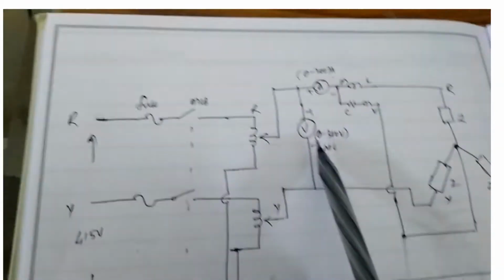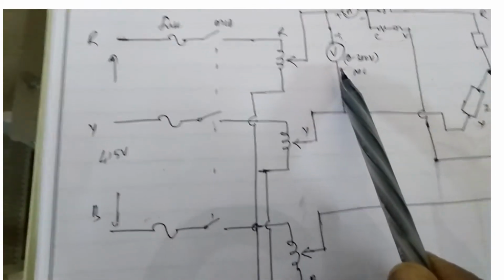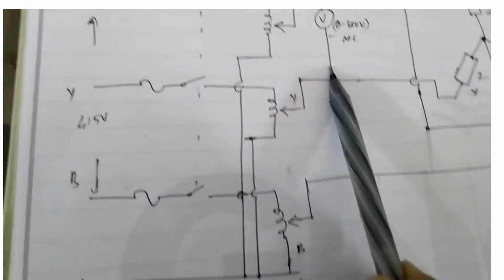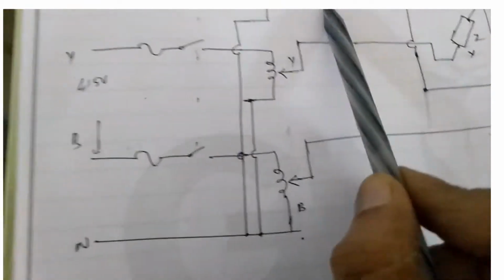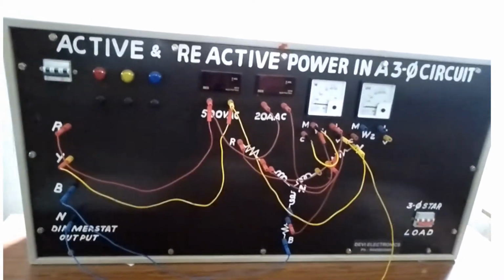Now coming to the voltmeter here, voltmeter positive is connected to the R phase, and voltmeter negative you have to connect to the Y phase. So voltmeter negative is connected to the Y phase. That's it. These are the connections.